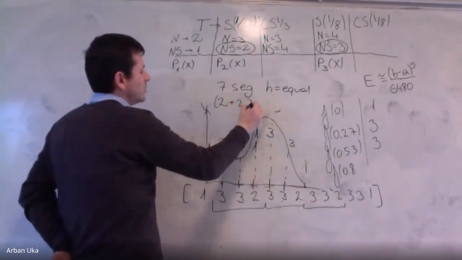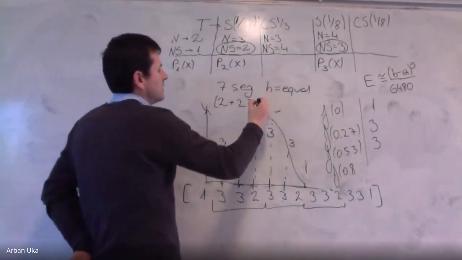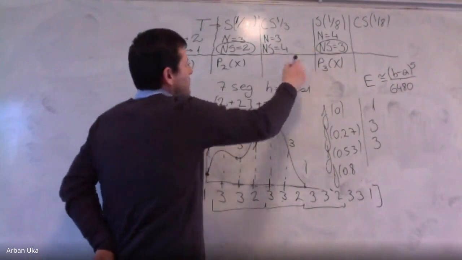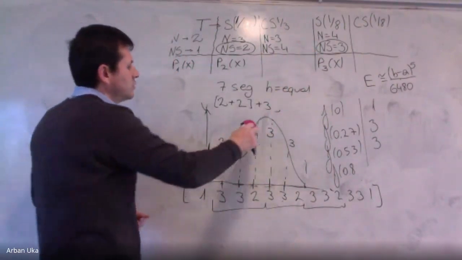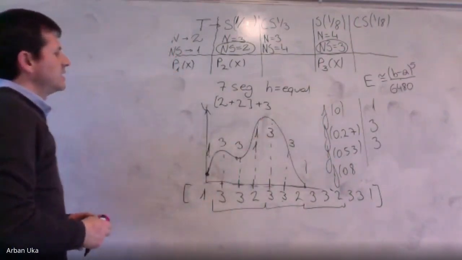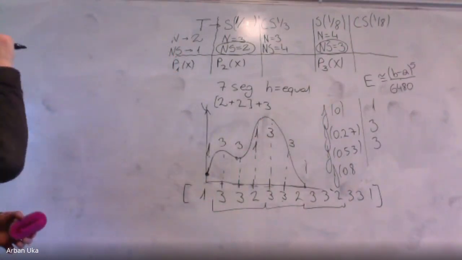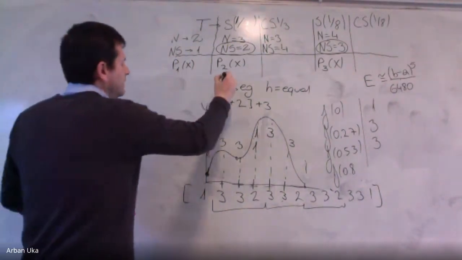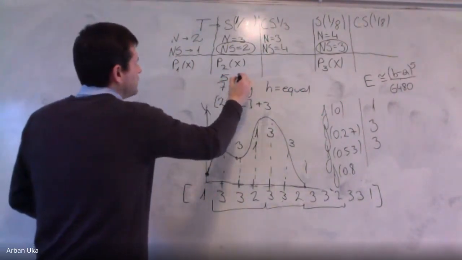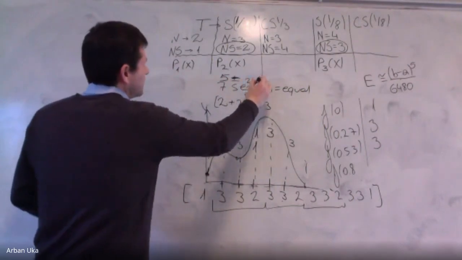So we find the integral over 4 plus 3, so we use the Simpson's 3/8, okay? So this is one way to put them together. Or let's say that we have 5 segments. If we have 5 segments, for sure, we can put them together as 2 plus 3.